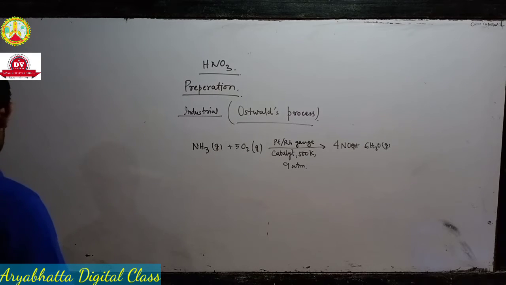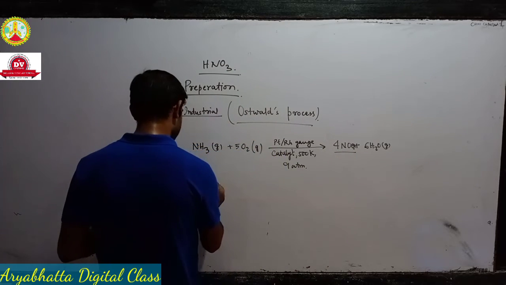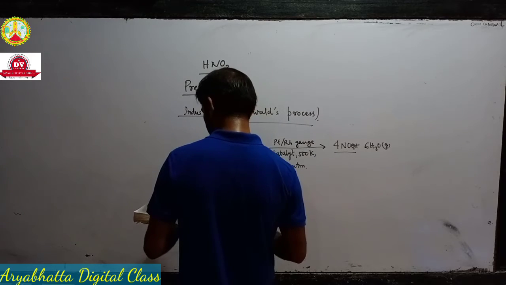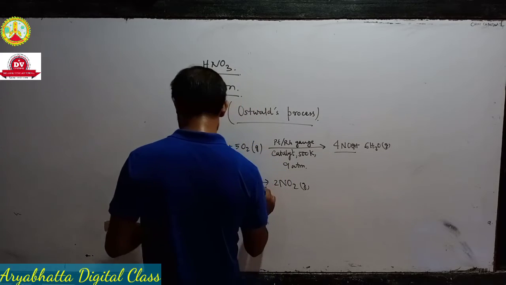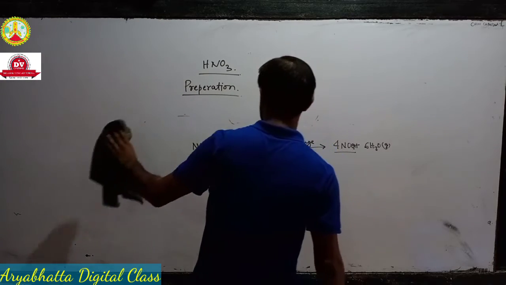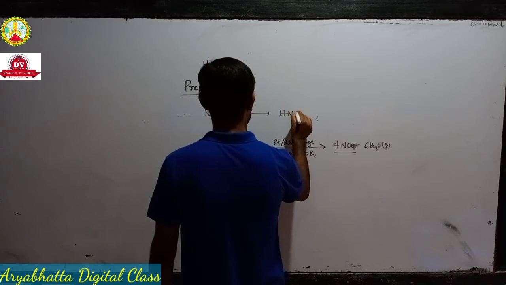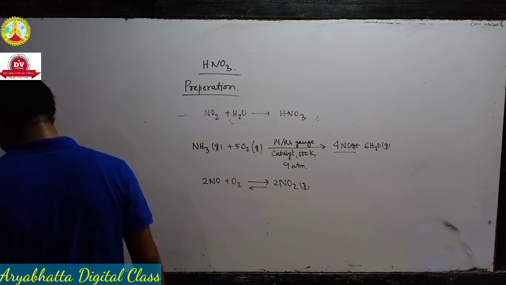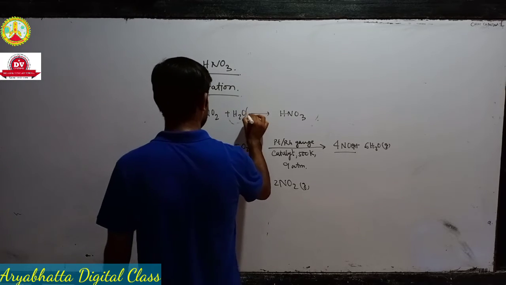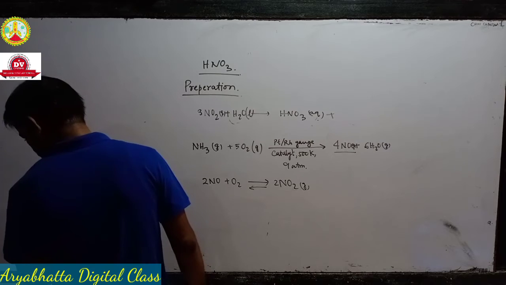Now this NO is further oxidized, giving NO2, and finally this NO2 is dissolved in water, giving HNO3 and NO. You have to balance this reaction, with liquid, gas, aqueous and NO gas.